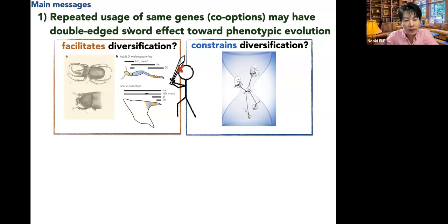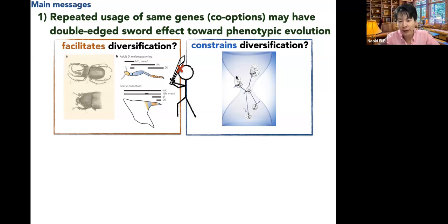It has long been said, and numerous studies have supported, that reusing genes, like reusing genes in the leg for the beetle horn, actually facilitated the evolution of new traits like the beetle horn. And this was the major effect known for gene co-option or gene reusage.